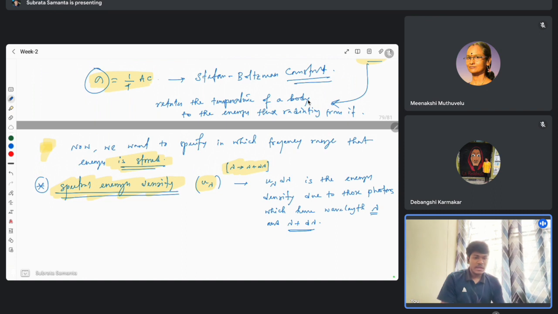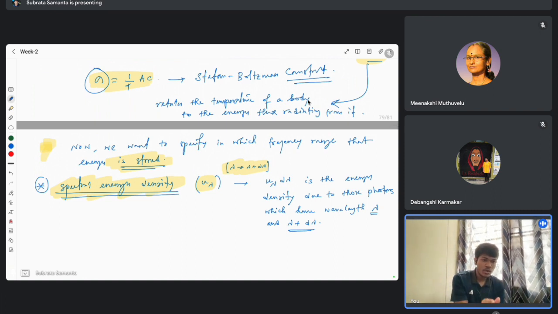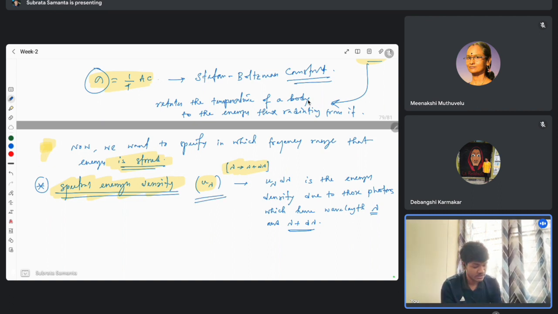So this is not the energy density of each photon. Those photons whose wavelength lies in this range, lambda to lambda plus d lambda, their energy density is called u lambda, and this is called the spectral energy density.